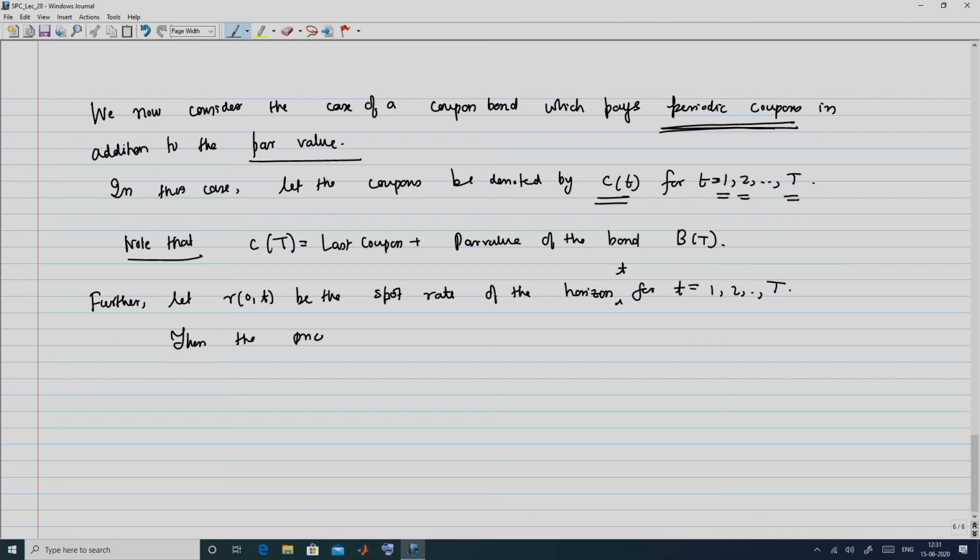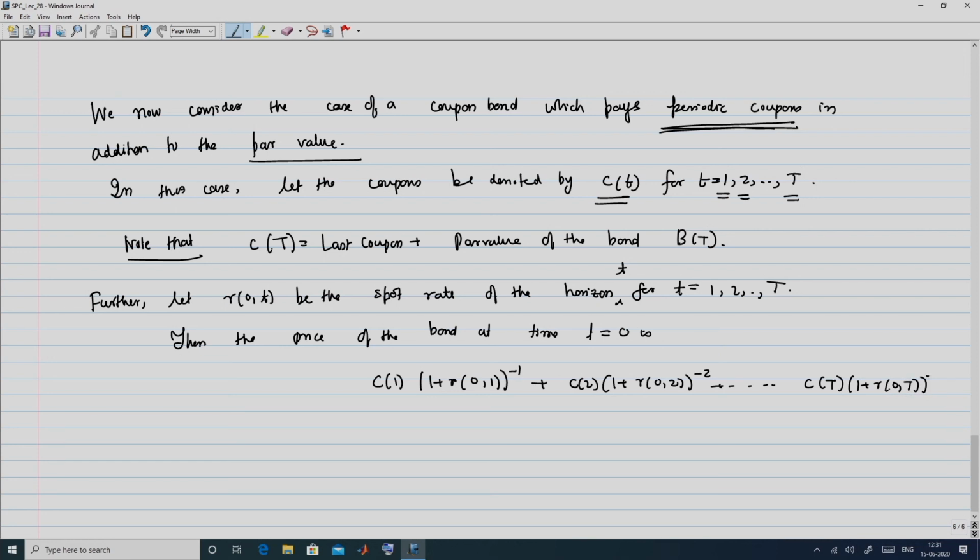Then the price of the bond at time t equal to 0 is given by the following. So, it is going to be C(1) into (1 + R(0, 1)) raised to minus 1, plus C(2) (1 + R(0, 2)) raised to minus 2, all the way to the final coupon C(T) into (1 + R(0, T)) raised to minus T, discounted back to time 0.